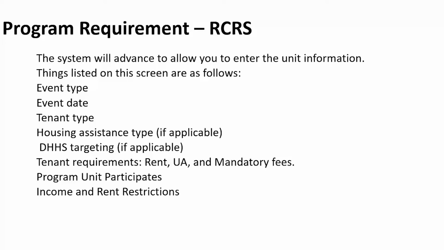Be aware, if you are requiring your residents to carry renter's insurance, and it is a mandatory fee for them, you have to enter it into the rental compliance reporting system. Also the program this particular unit is participating in, and the income and rent restrictions.